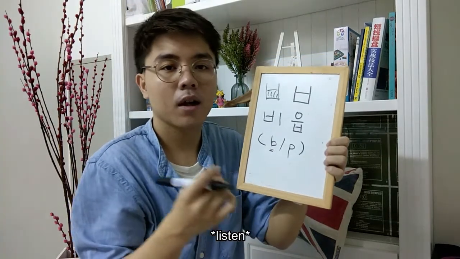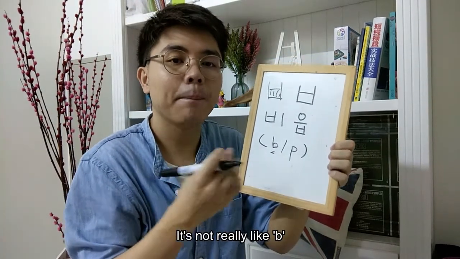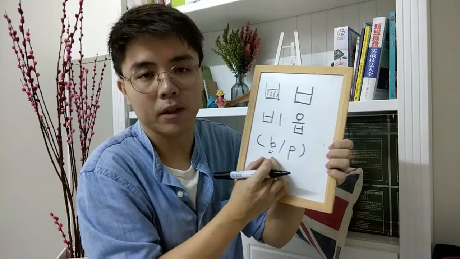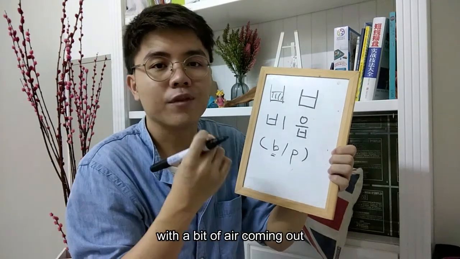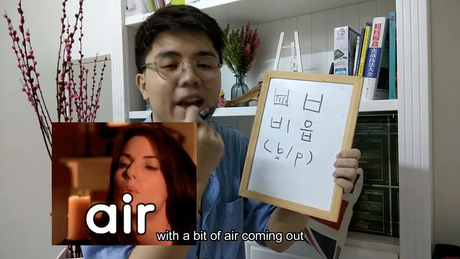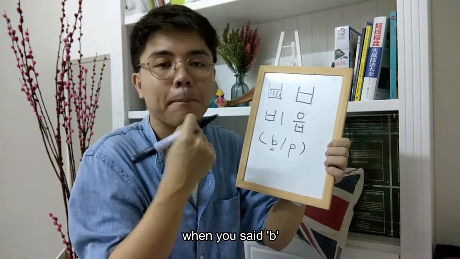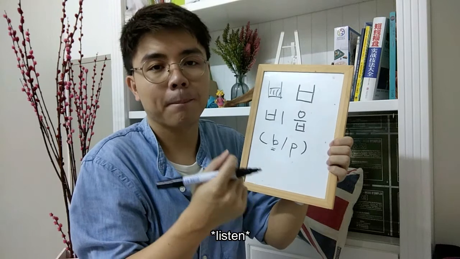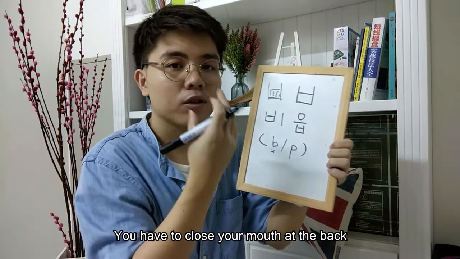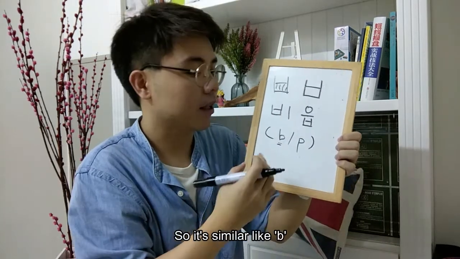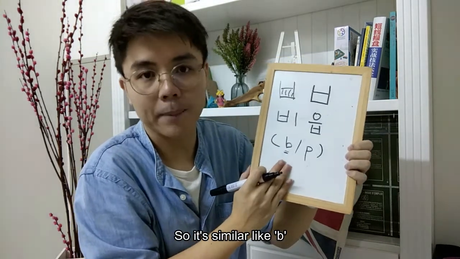But it's not really like B, it's a bit like P as well, with a bit of air coming out when you say B. So it's P, and you have to close your mouth at the back. It's more similar to B, P.